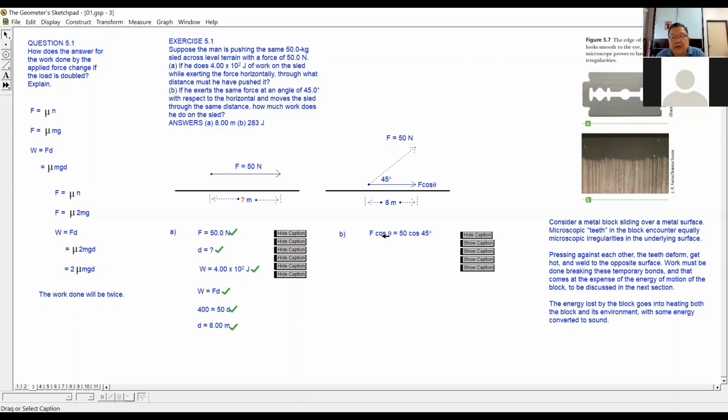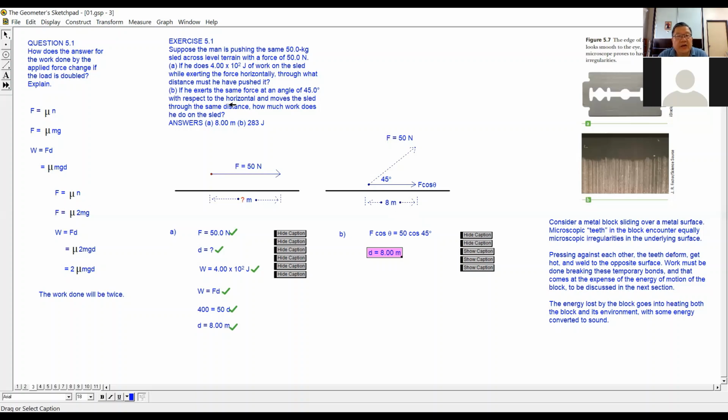Okay, so the horizontal component, the component that we are going to apply to find the work done, is F cos theta. F is 50, theta is 45 degrees. Right? So the distance moved through is the same.